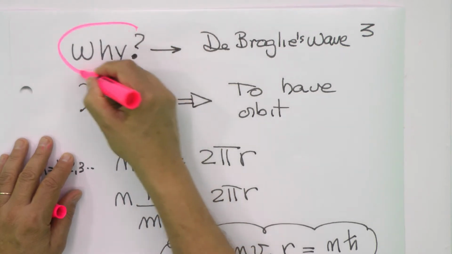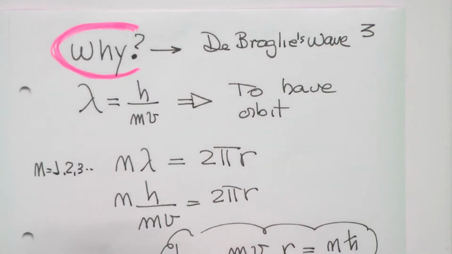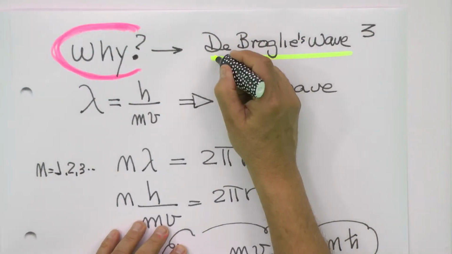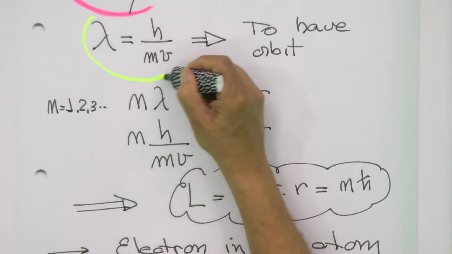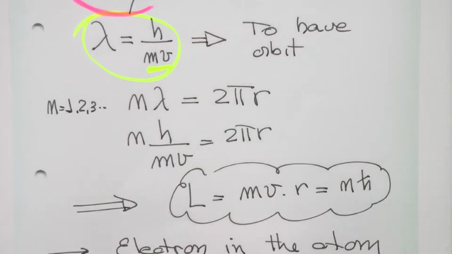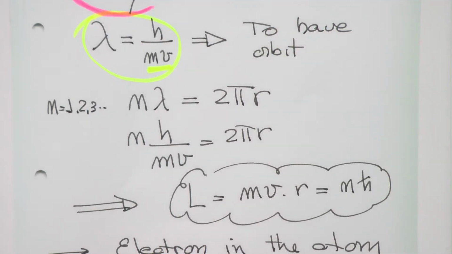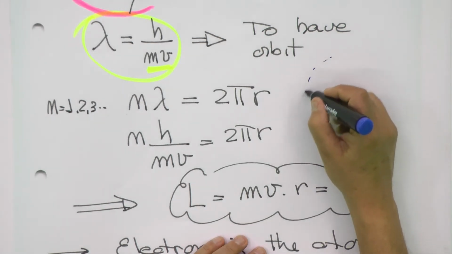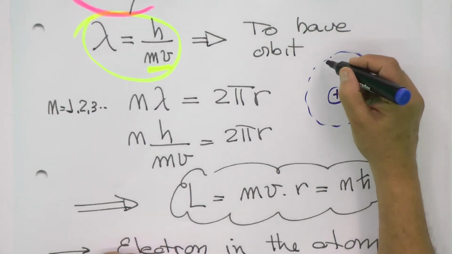Why does the electron inside the atom obey these principles? And the answer is obvious to you now. It's because of the wave nature of the electron. If we associate with the electron a wavelength that's dependent on the momentum, in some orbits we can have orbits that are very specific. So imagine I have here the nucleus, the electron is going around, and I'm going to put a wave in here.